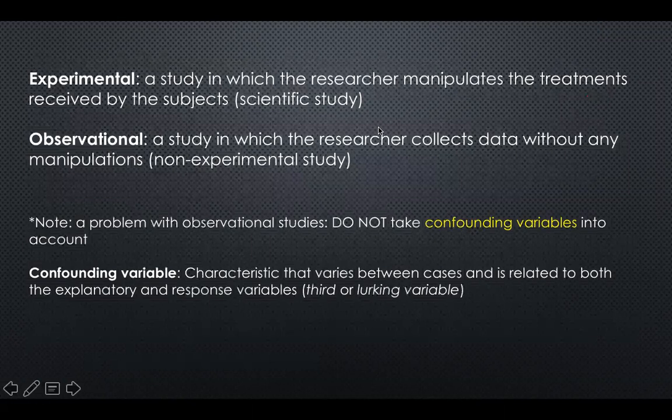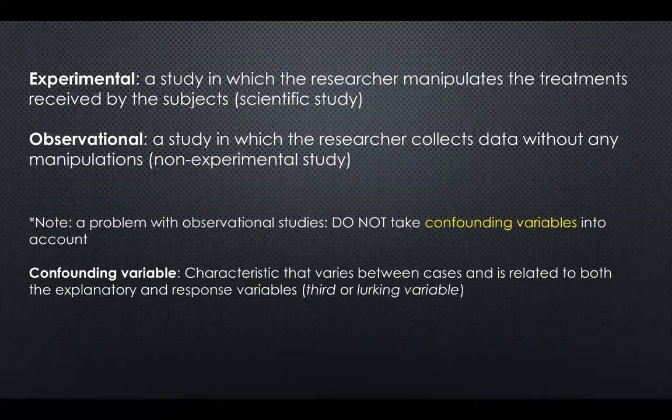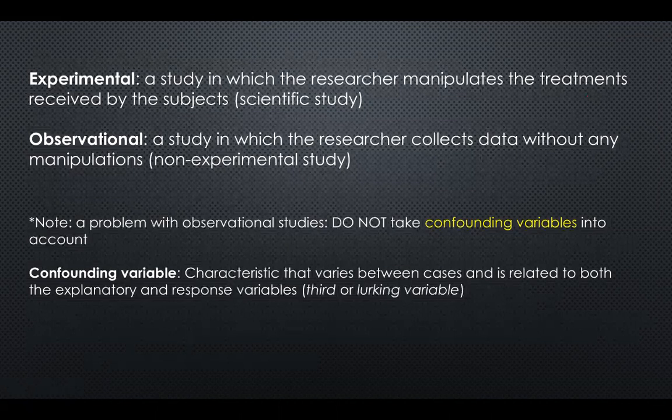Sometimes the problem with observational studies is that they don't take confounding variables into account, which are variables that differ between cases and are related to both the explanatory and response variables. Sometimes you'll also hear them called confounding, third, or lurking variables.